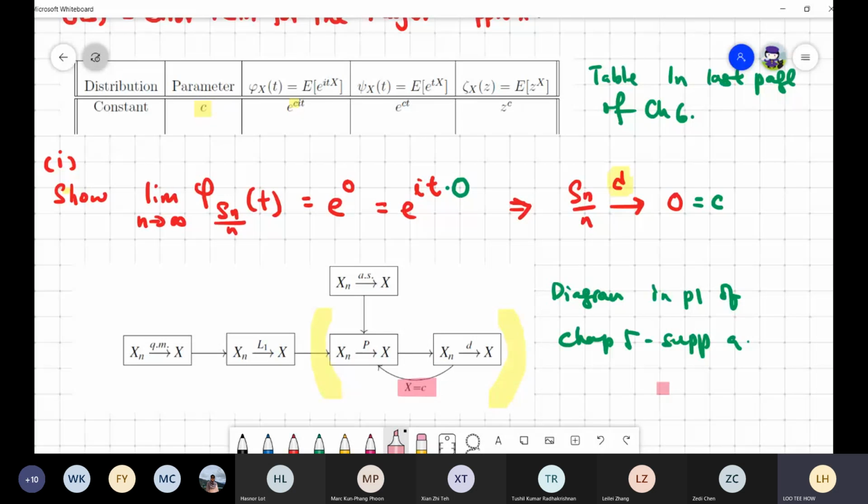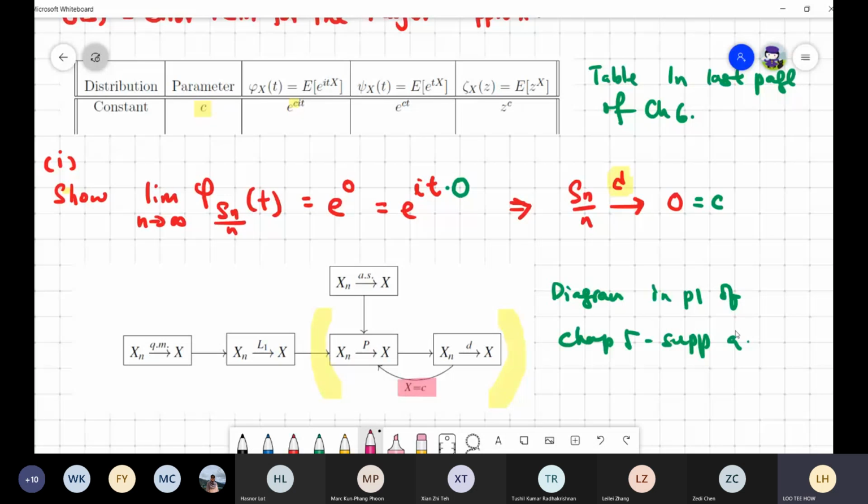Then we can say that Xn will converge to X in probability, provided that X is a constant. It so happens that in our case 0 is c, which is a constant. Then we can apply this reverse process.